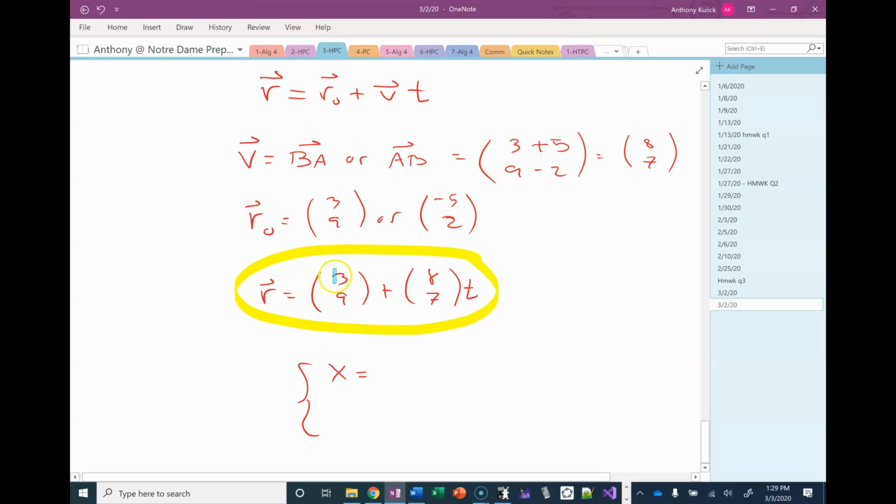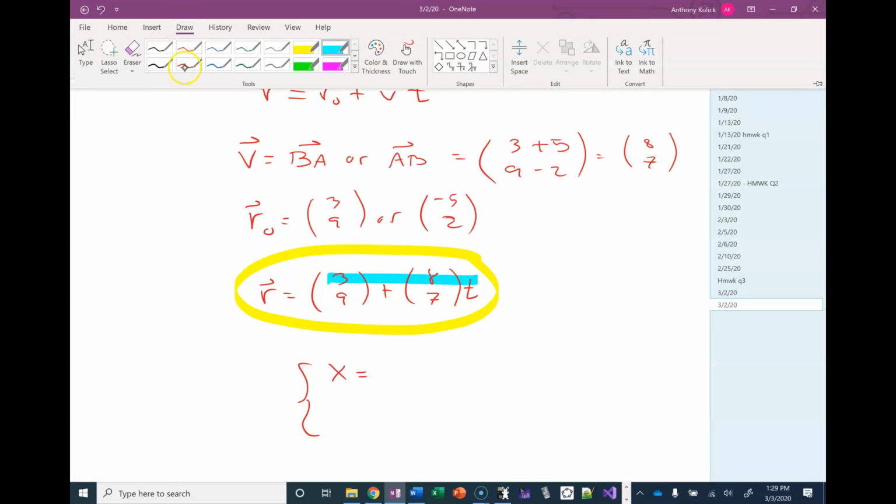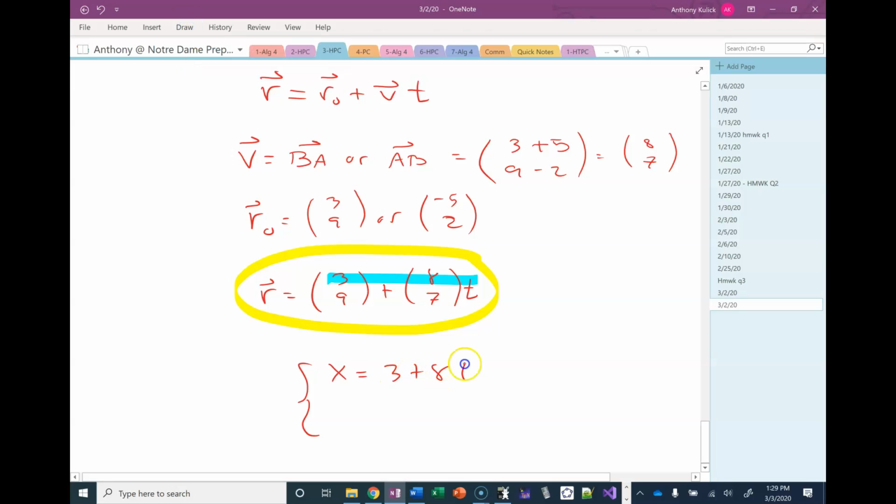What's the x equation going to be? Three plus 8t. What's the y equation going to be? Nine plus 7t. Okay, everyone, need you to refocus. We're getting turned around here.